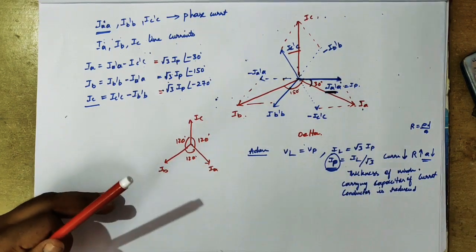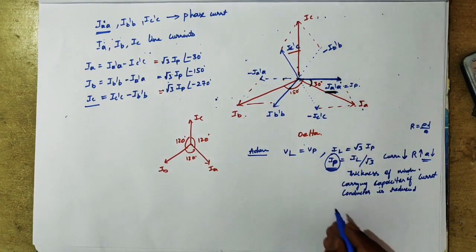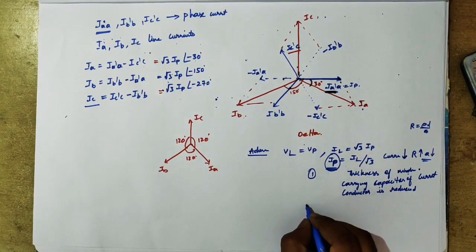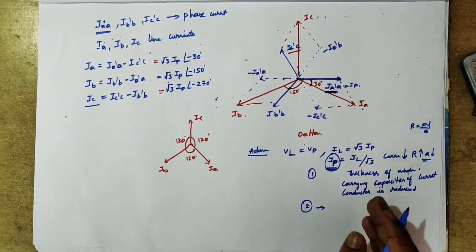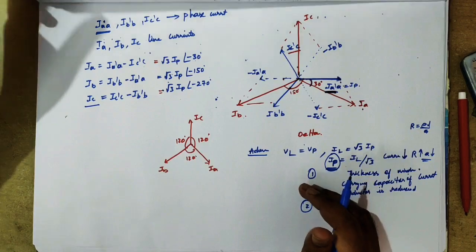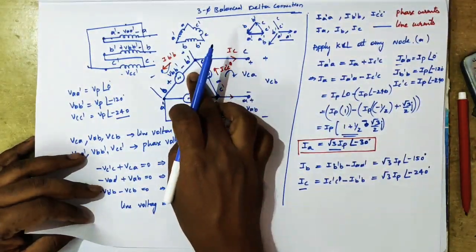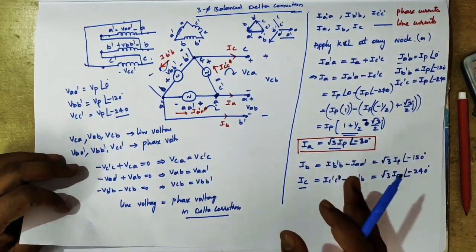This is one advantage, and another advantage is this: if any one of the windings is disconnected, the delta connection still works.